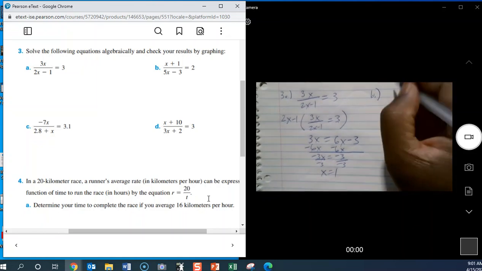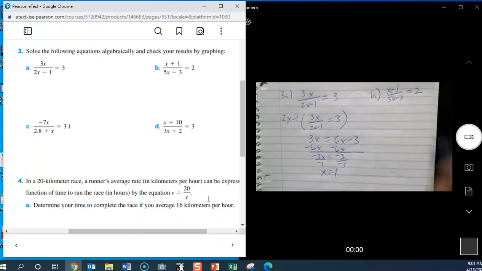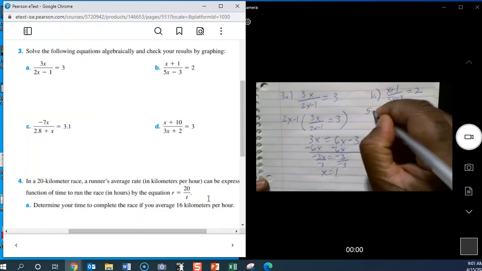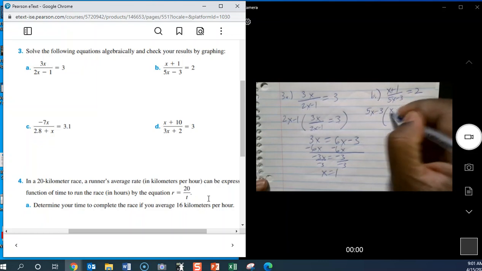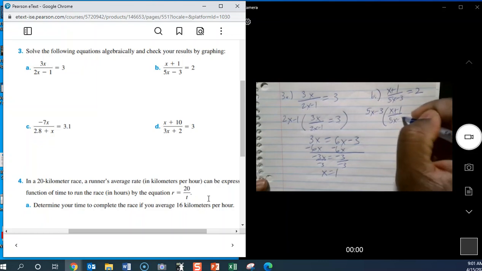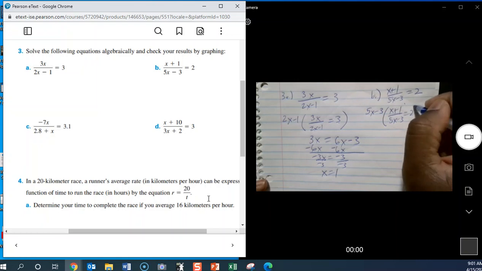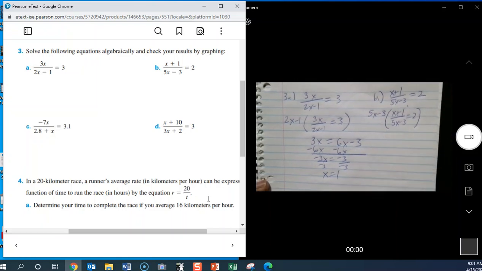With 3b, we have x plus 1 over 5x minus 3 is equal to 2. Using the same logic we just used with the other problem, we need to get rid of this denominator, and we'll multiply everything by the denominator. The 5x minus 3s will simplify out and leave you x plus 1. Then you take 2 times the 5x minus 3, which gives you 10x minus 6.